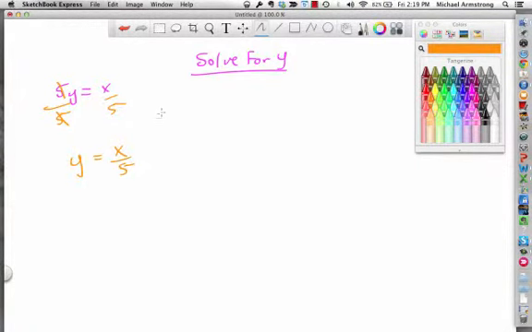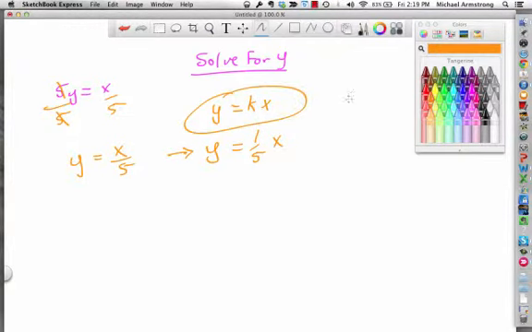And this really is the same thing as y equals 1/5 times x, 1/5 x. And so this matches the model y equals kx. Wherever you see a number, you can insert the x or the k, and you can find out that is direct variation.